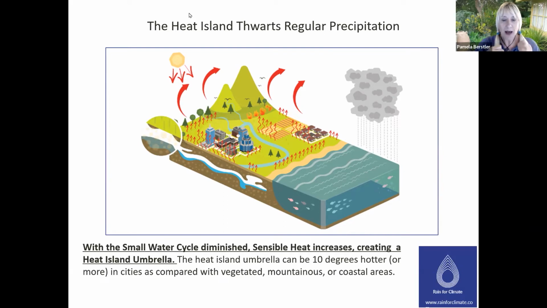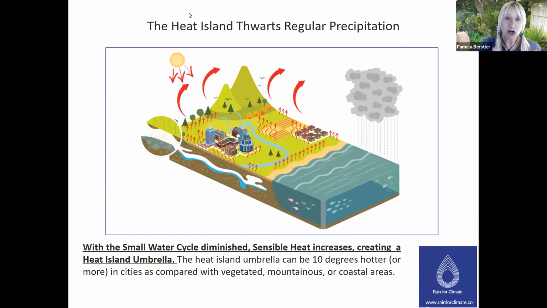And what happens is, when we have these very vast surfaces reflecting all this heat back into the atmosphere, not only are we not cycling the water properly through the vegetated system, but we are also creating a heat island effect. And that heat island effect is like an umbrella.